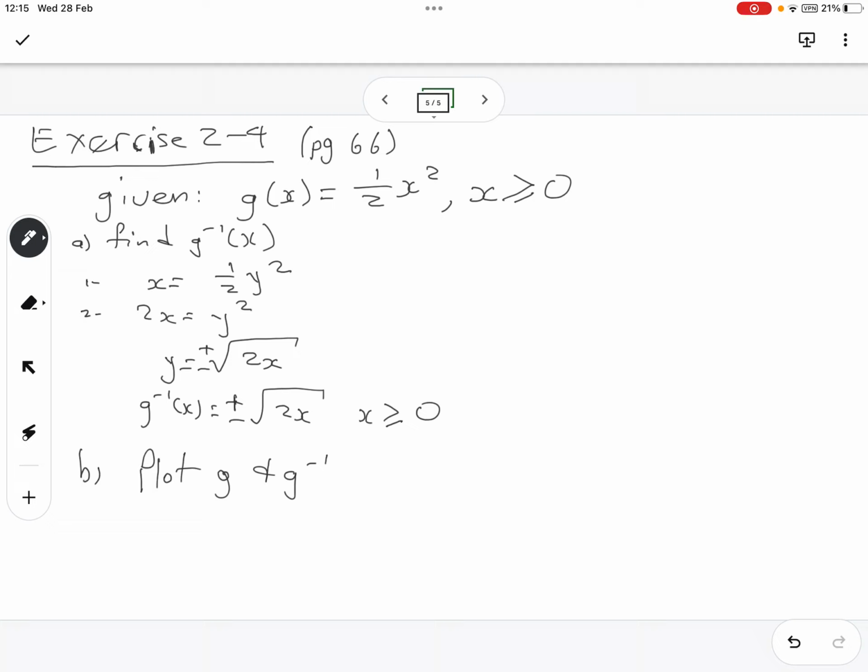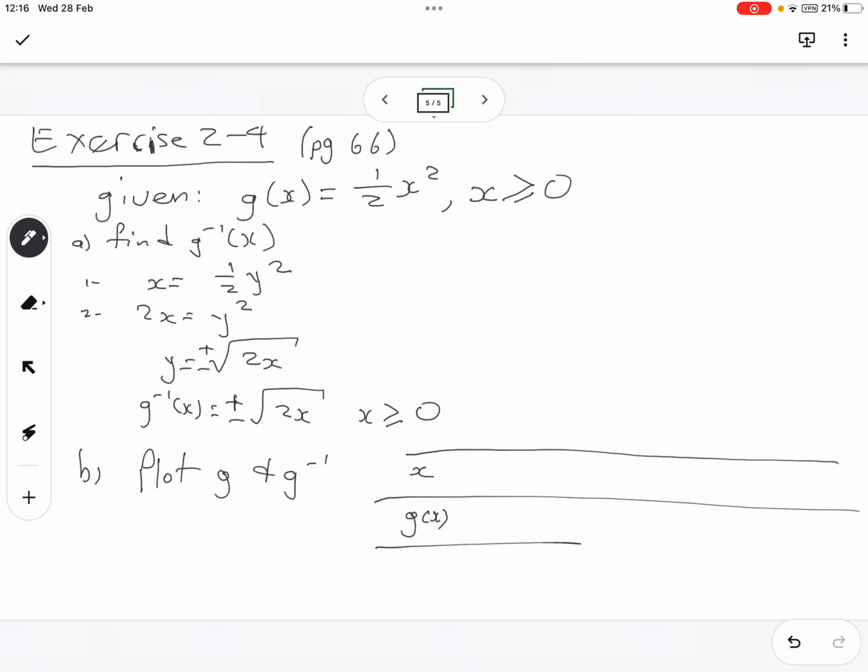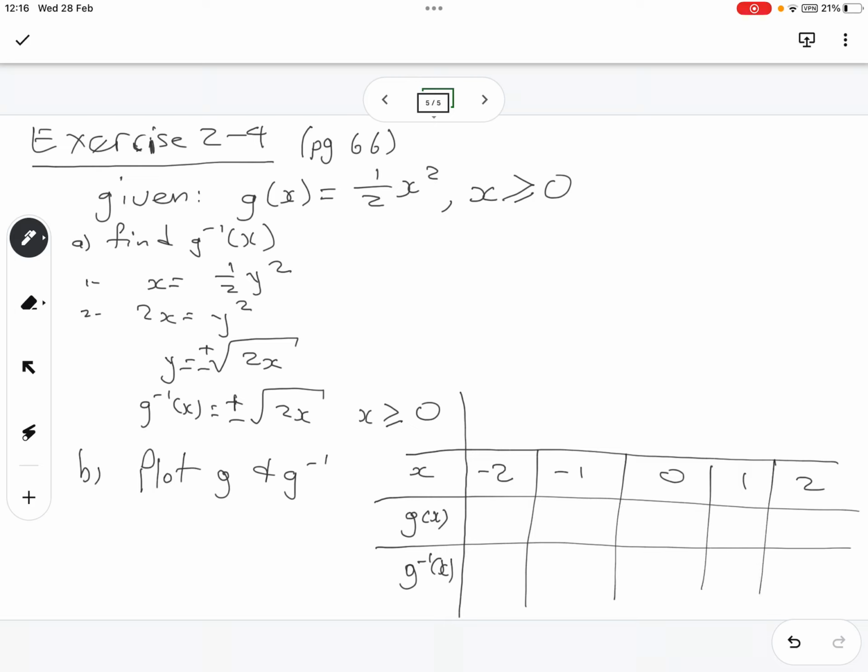So let's make a table. x, g of x, and g inverse of x. That means if we start off at -2, -1, 0, 1, and end at 2, and we plot a graph for these two.